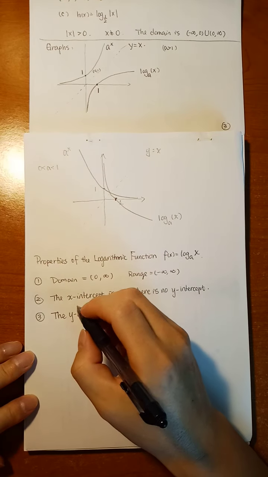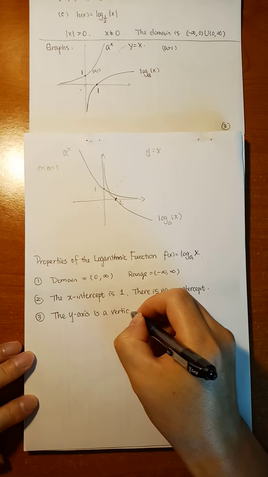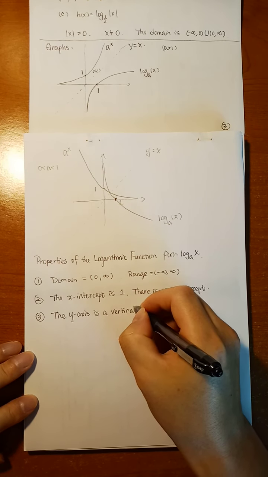So the y-axis is a vertical asymptote of the graph. And the y-axis has the equation x equal to 0. You can say x equal to 0 is a vertical asymptote, or you just say y-axis.